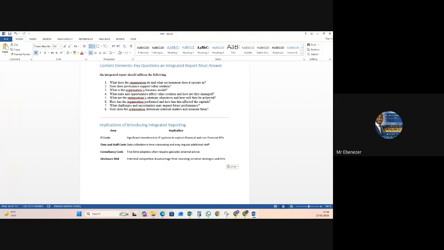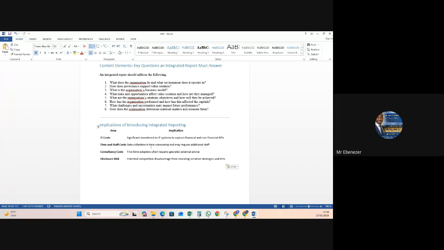Now, the implication of introducing integrated reporting: it will affect IT costs significantly. Do you understand? Because you have to invest in information technology. Then, of course, time and staff costs. It will consume time because you have to spend additional time to prepare the reports.